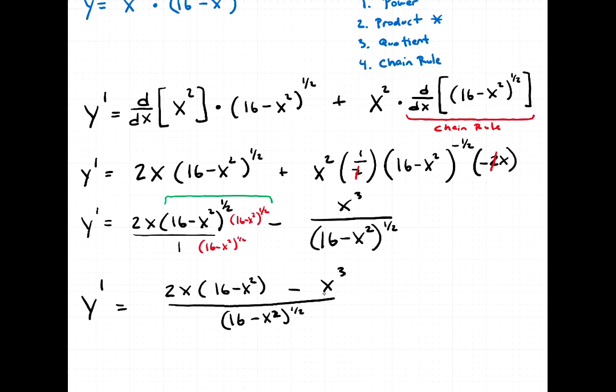Okay, so let's combine some like terms here. So let's multiply through the 2x. So we'll have 2x times 16, so 32x, minus 2x cubed, 2x times the minus x squared, and then there's a minus x cubed. So we could definitely combine those.